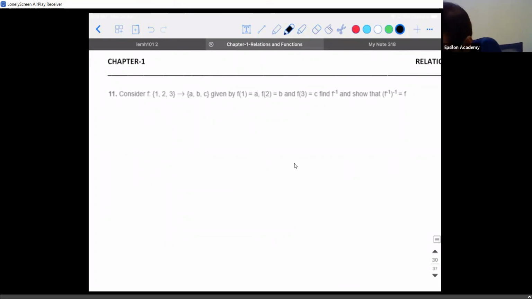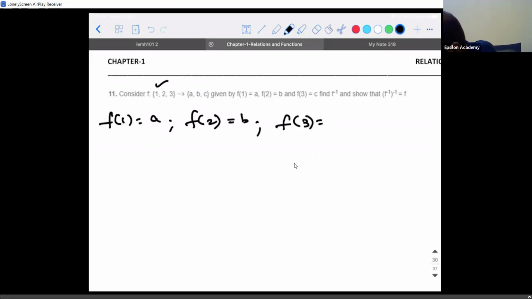Consider f as a function mapped from {1, 2, 3} to {A, B, C}. f of 1 is A, f of 2 is B, f of 3 is C. Find f inverse. So the ordered pairs will be (1, A), (2, B), (3, C).